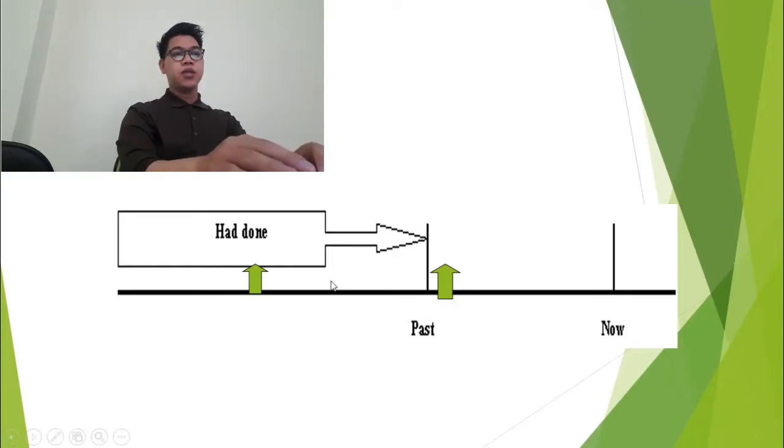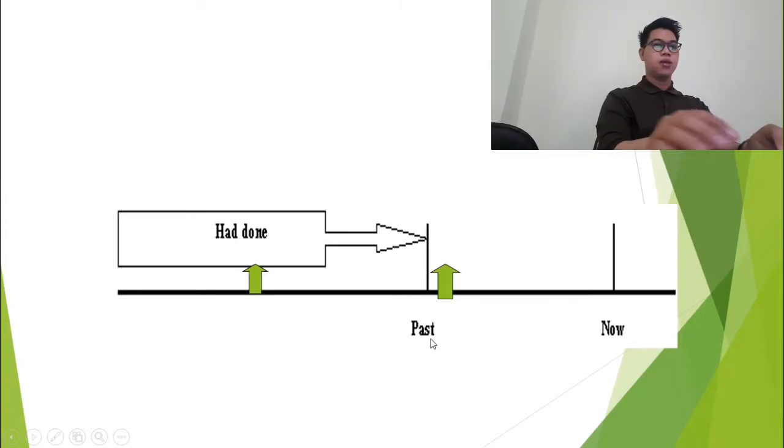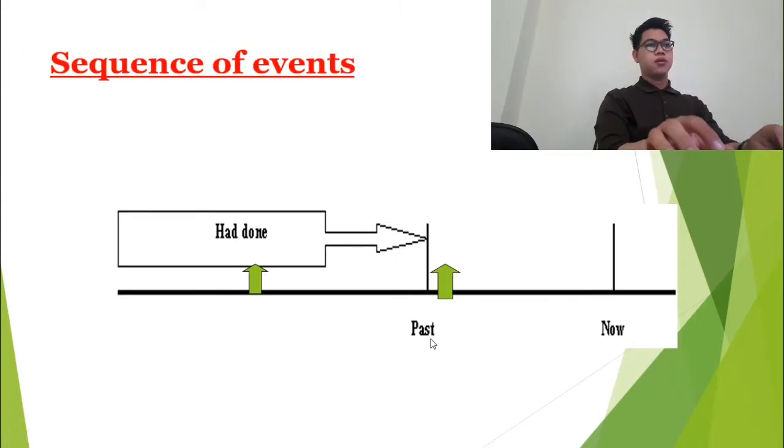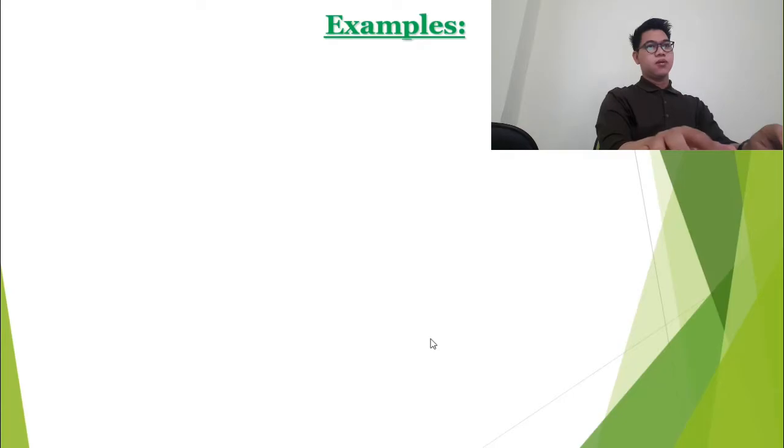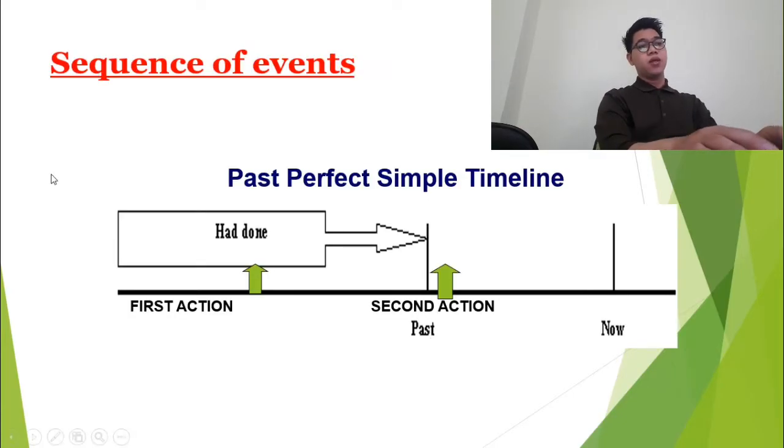So the position of the past perfect tense is here, before another past action. The first action we call the past perfect tense. The second action we call the past tense.